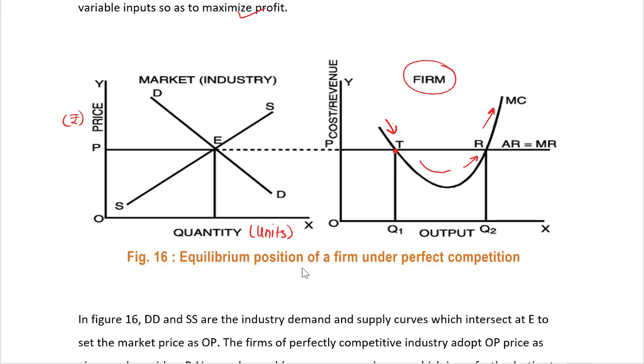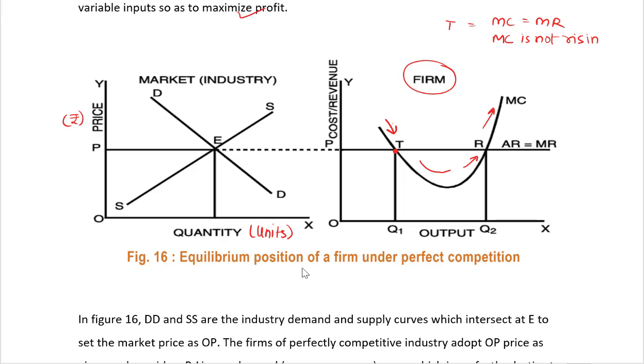Why? At point T also, MR equals MC, that is marginal cost equals marginal revenue. But MC should be rising. MC should cut the MR curve from below. But over here, MC is not rising at all.